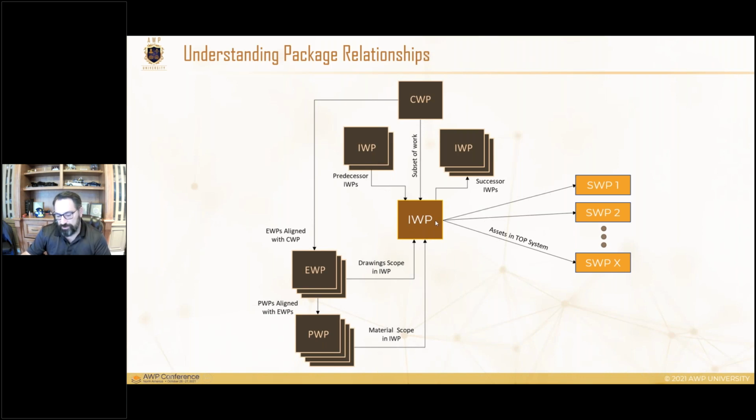Predecessor and successor IWPs obviously affect the execution of that IWP. And when we say predecessor and successor, we're not necessarily talking about schedule logic ties as much as what we're talking about is physical ties. Think about this more from gravity than CPM schedule.